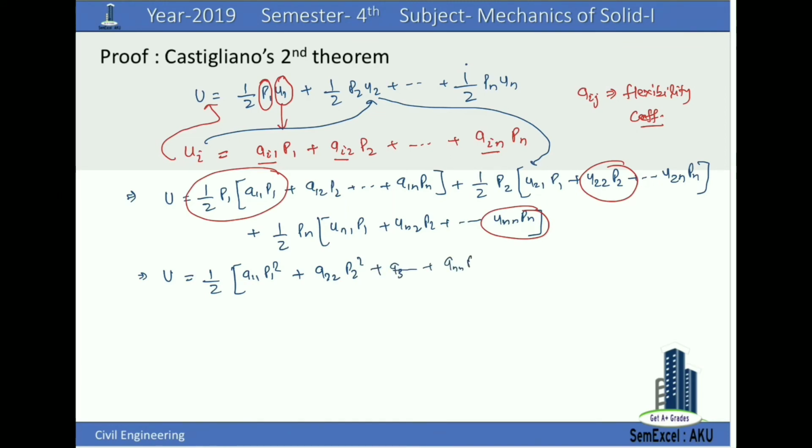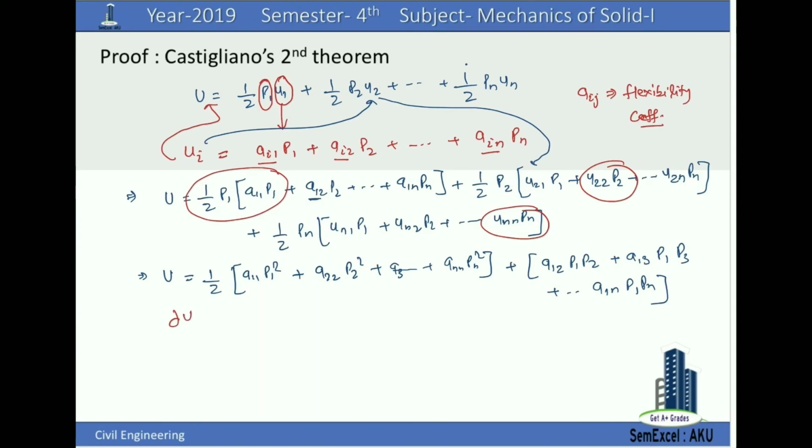In this manner we will get ann Pn square, plus again rest of the term like a12 P1 P2 plus a13 P1 P3 plus a1n P1 Pn.